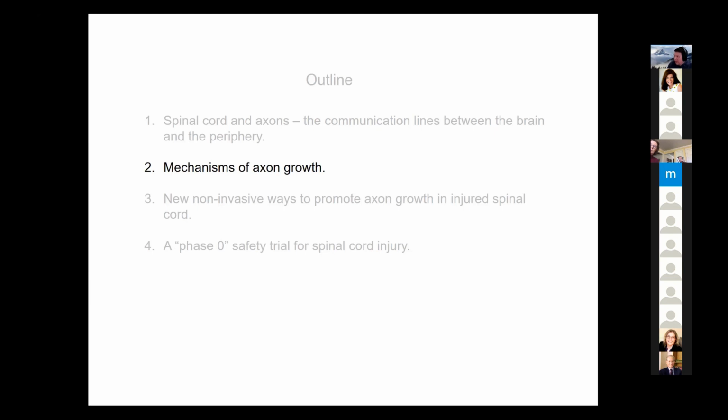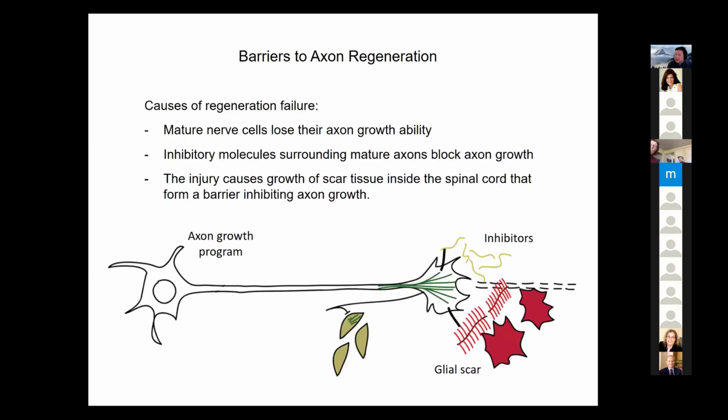Now we know that this is for two main reasons. The first: in the mature central nervous system, nerve cells have a very low ability to grow their axons. Mature neurons in the central nervous system do not express the molecules that drive axon growth in the fetus and are unable to increase their expression after an injury.